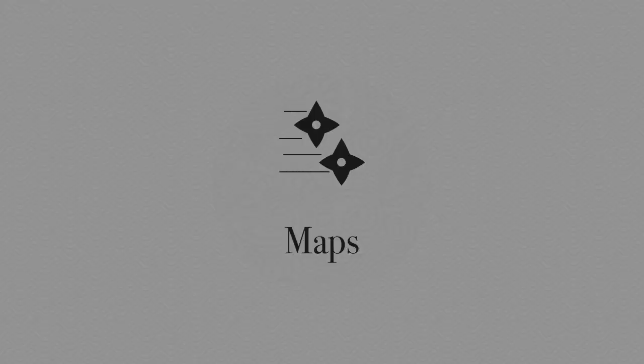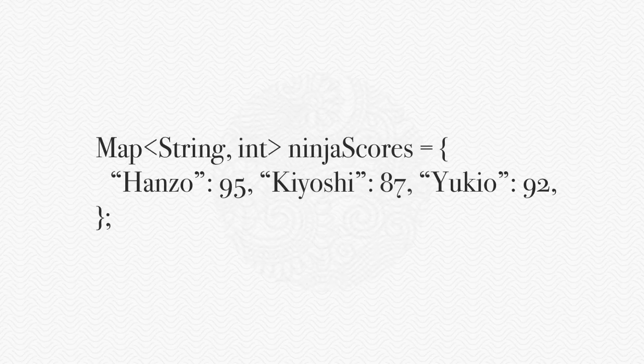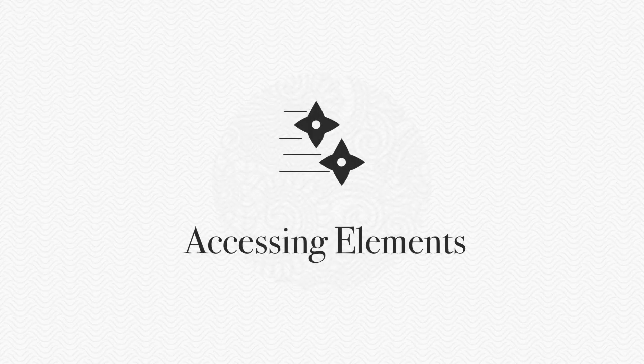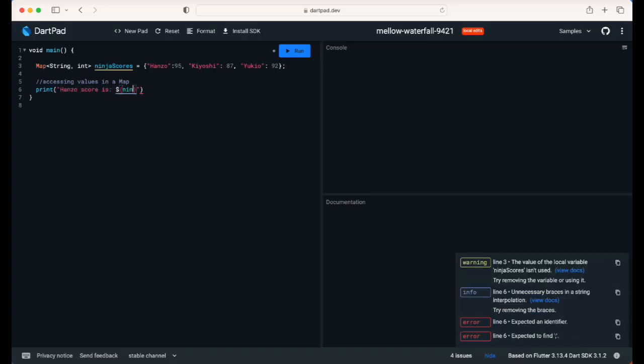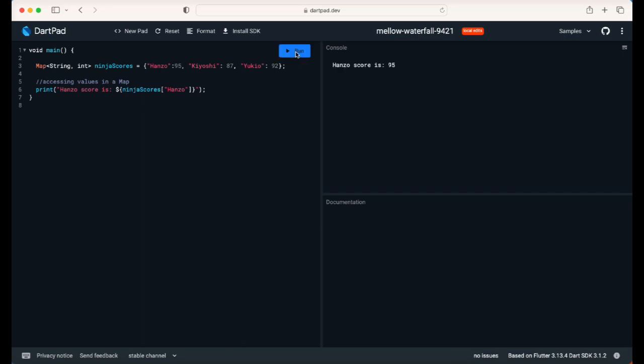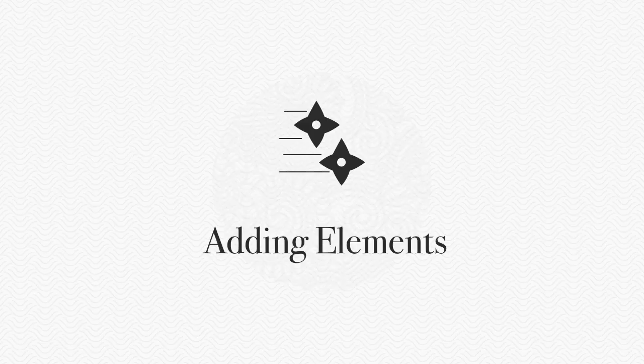Lastly, maps. Maps are like a ninja's mission dossier, associating keys with values. You can create a map using curly braces and specifying the key value pairs, like so. Accessing values. You can access values using their keys. Adding key value pairs.